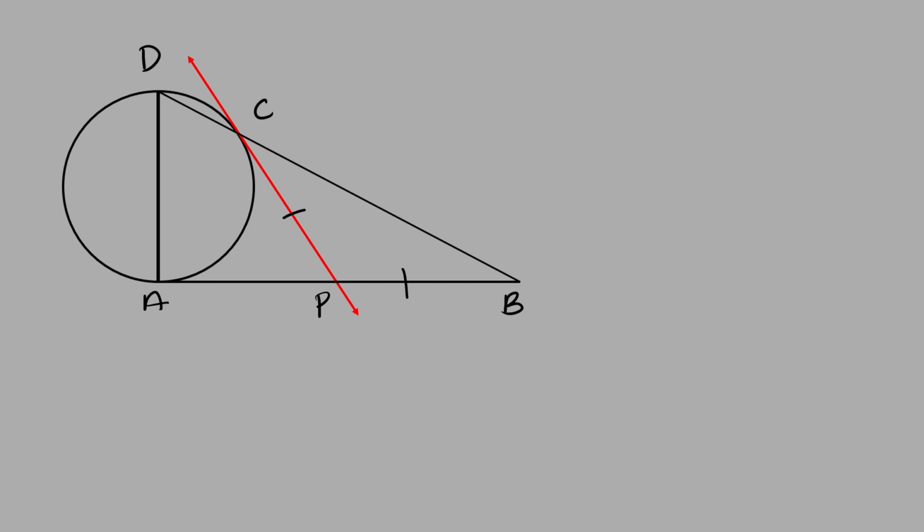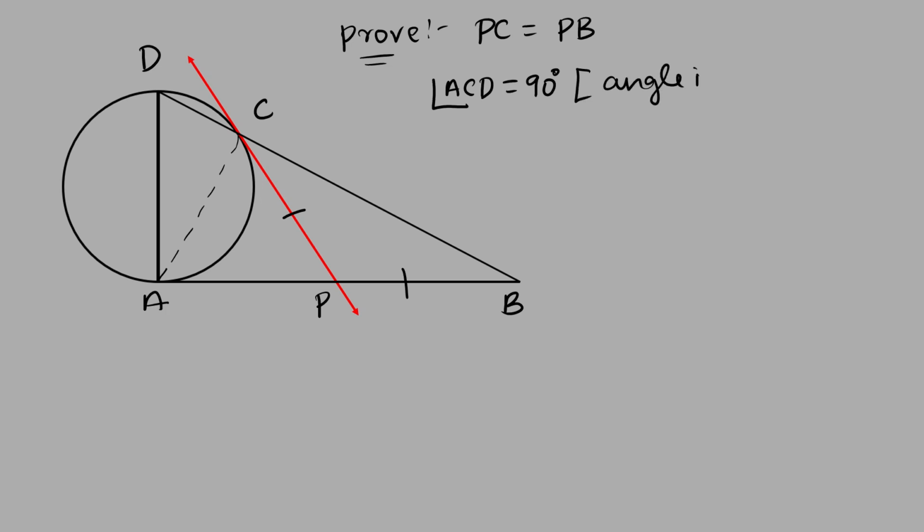So we need to prove PC is equal to PB. So to prove this, I am going to now connect this line, this point AC, and we knew that angle ACD is equal to 90 degree because it is an angle in a semicircle.